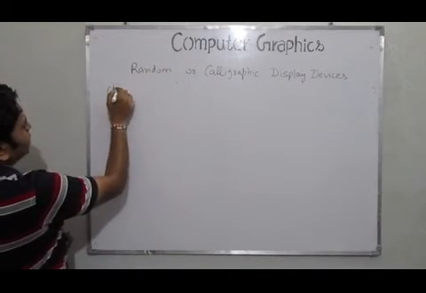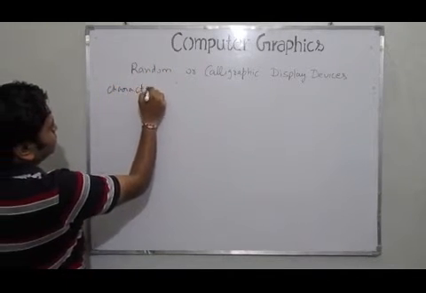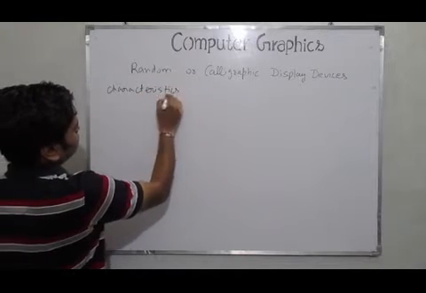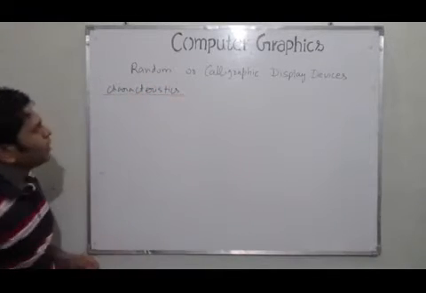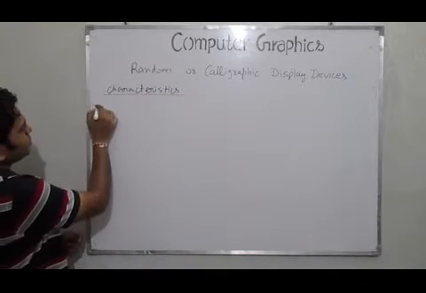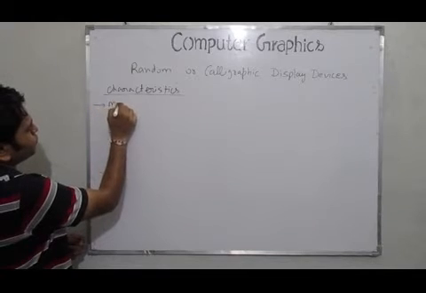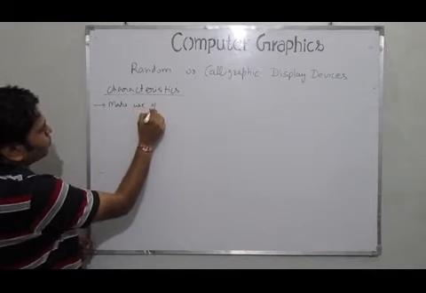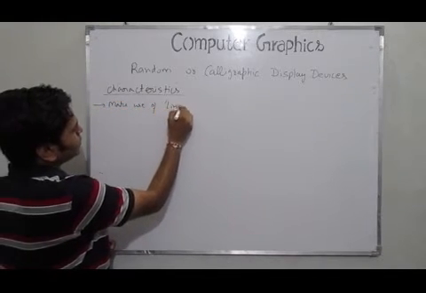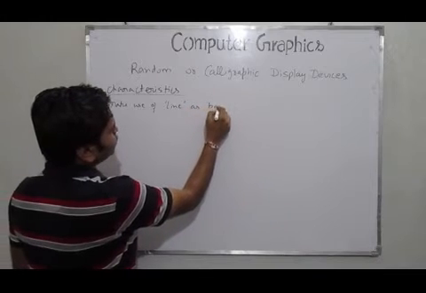Let us check them. In random display devices, we make use of line as the basic drawing primitive.